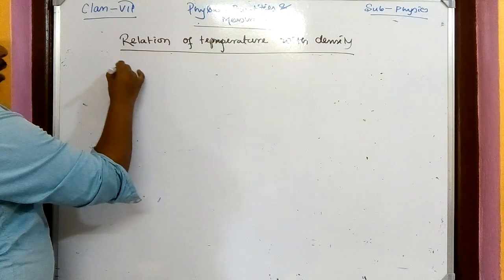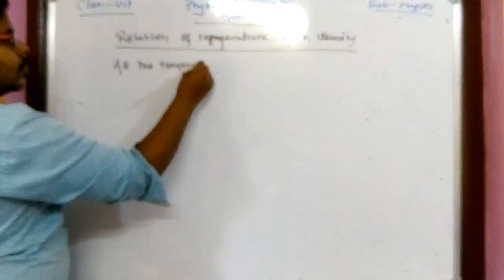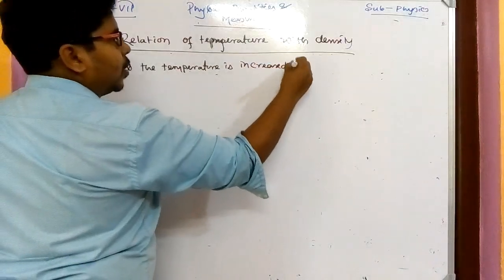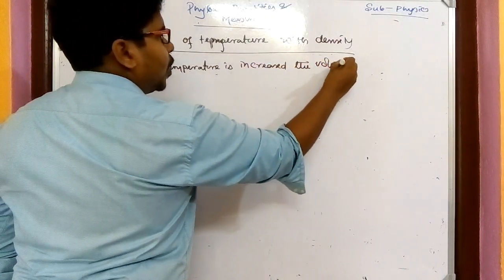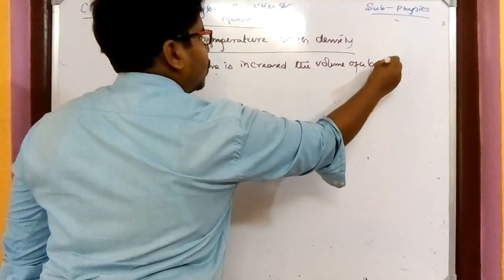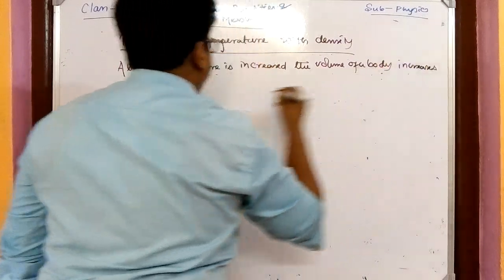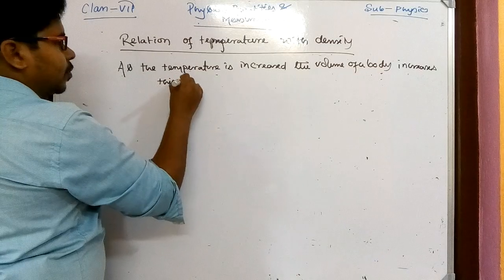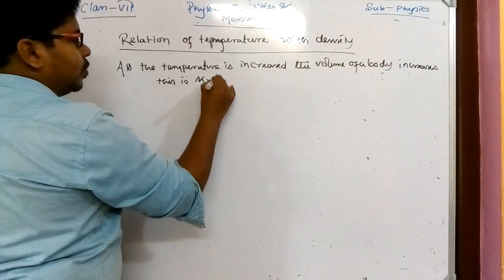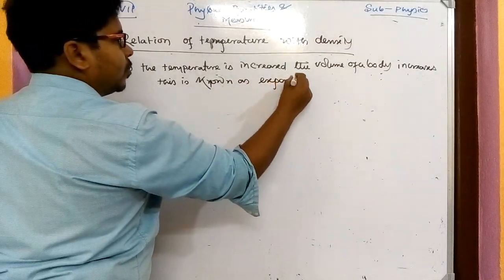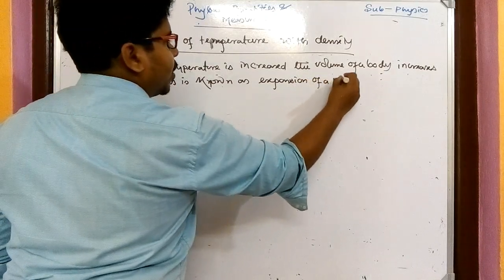Now we have learned one thing earlier: as the temperature is increased, the volume of a body increases, and this is known as expansion of a substance.